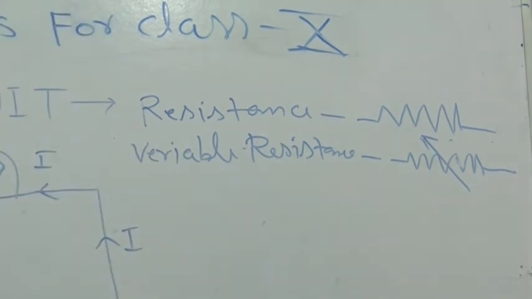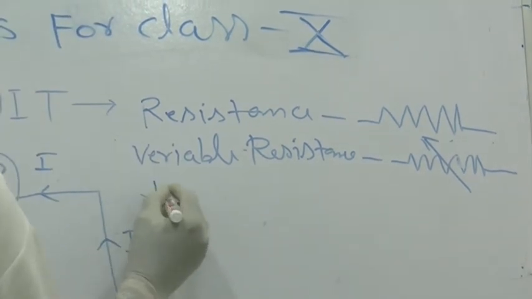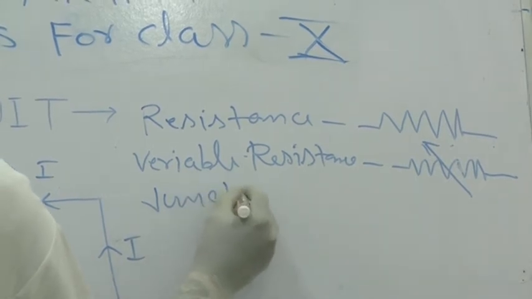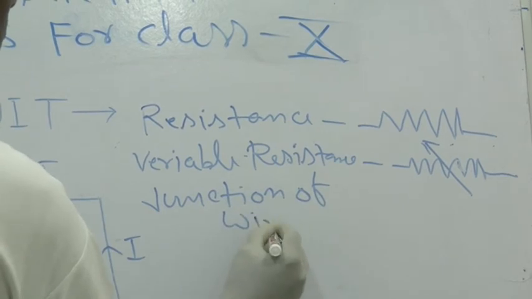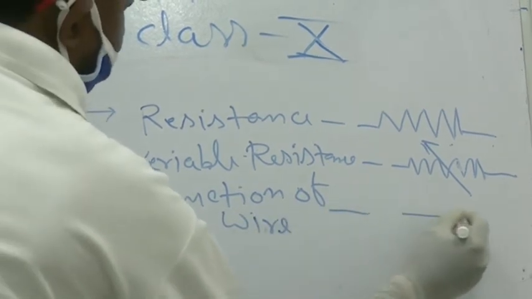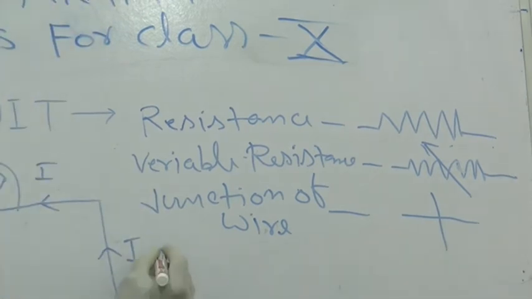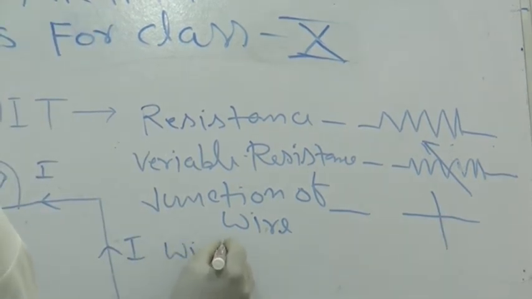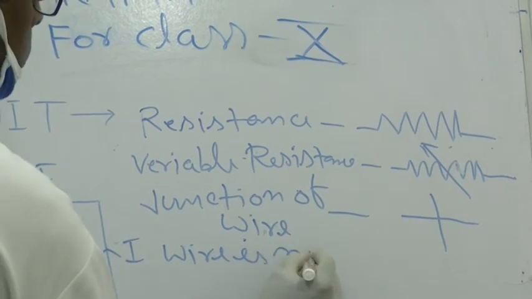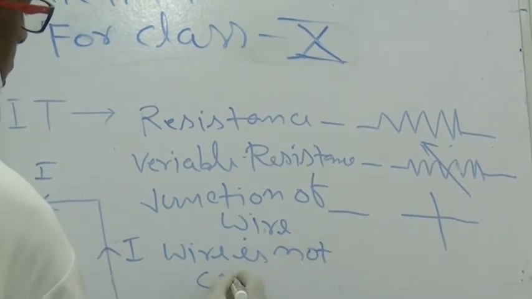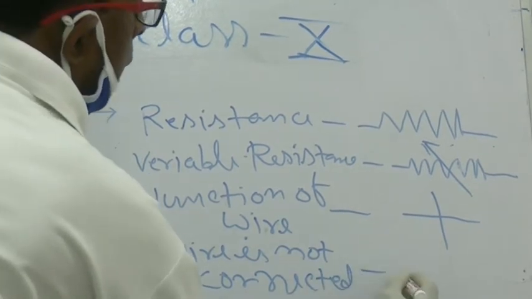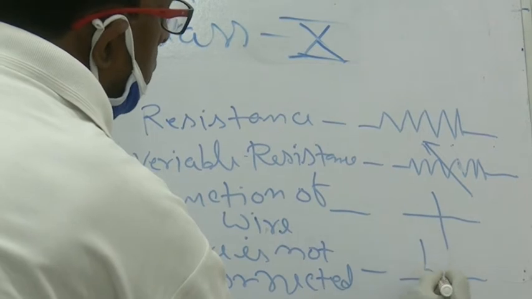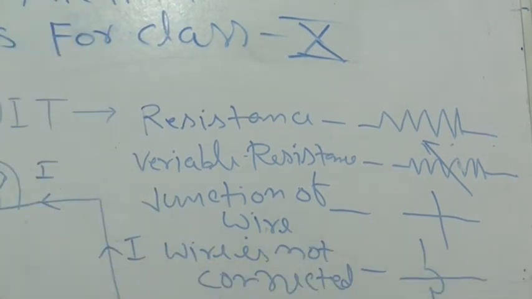Junction of wire. If a wire is not connected, we will cross the line, then we will draw like this, which indicates that both wires are not connected with each other.